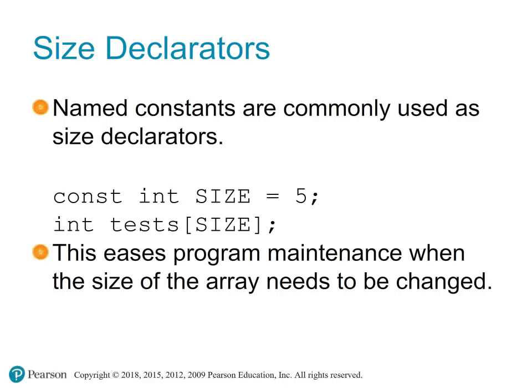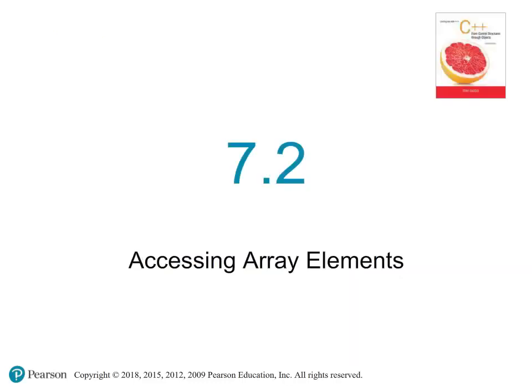For instance, consider the line const int SIZE = 5;. Here, SIZE is a named constant set to 5. We can then use this named constant when declaring the size of the array. int tests, then in the square brackets, just put SIZE.